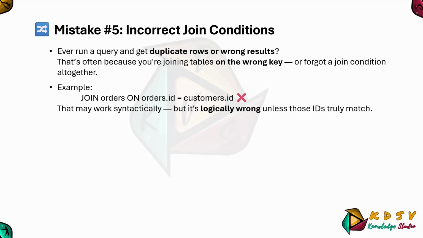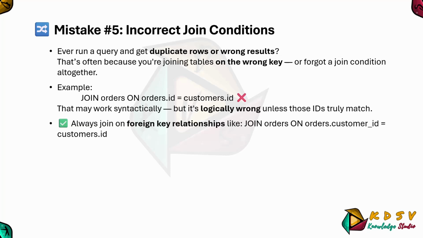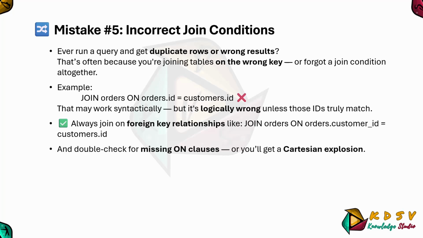So we have to use the correct join condition. In the orders table, we should look at the customer ID, and in the customers table, we need to look at the customer ID. Always join on foreign key relationships, like JOIN customers ON orders.customer_id = customers.id. This would be the right method. Also double check for a missing ON clause, or you will get a Cartesian explosion.